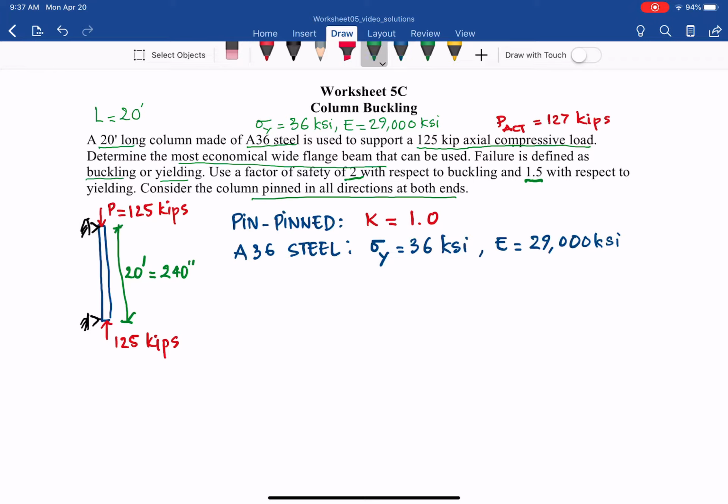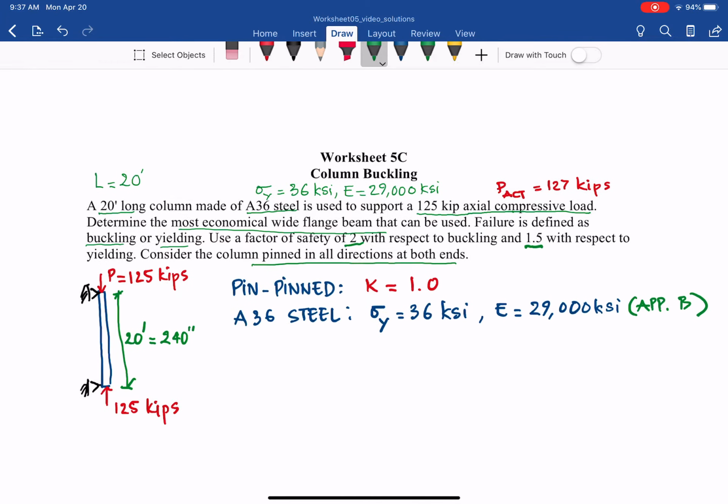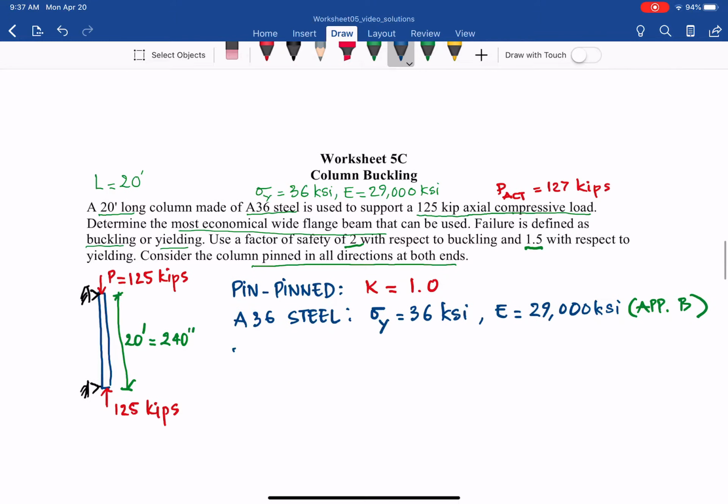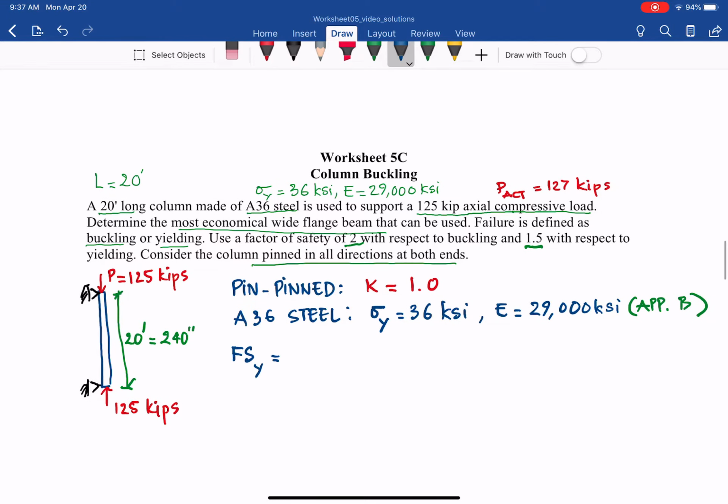And if you don't know, go to appendix B in the textbook. And then they give you the factor of safety with regard to yielding is 1.5, and the factor of safety with regard to buckling equal to 2.